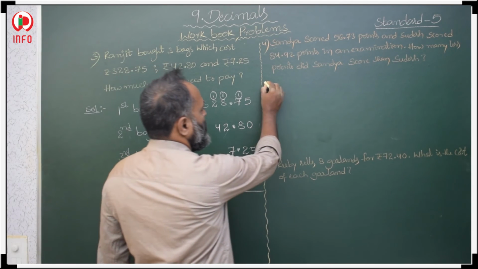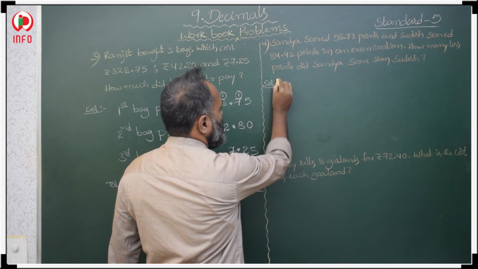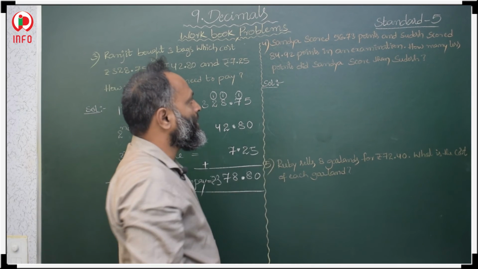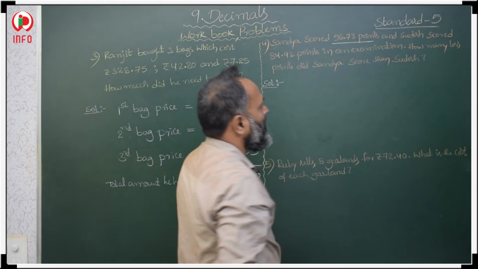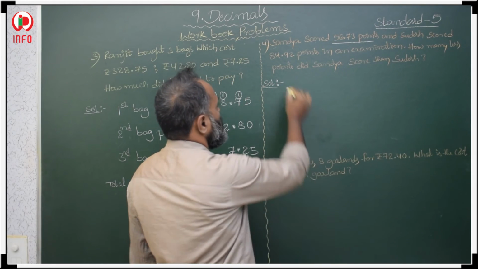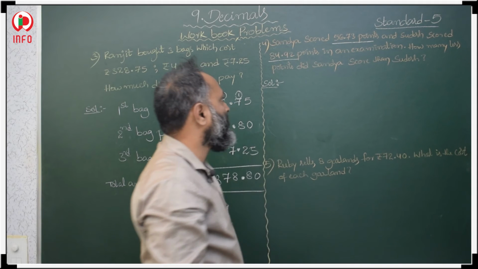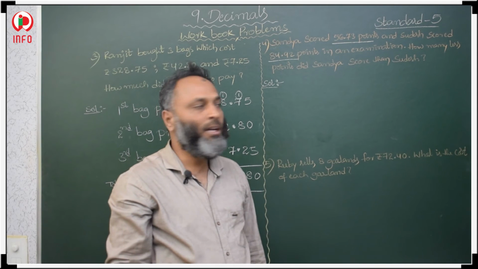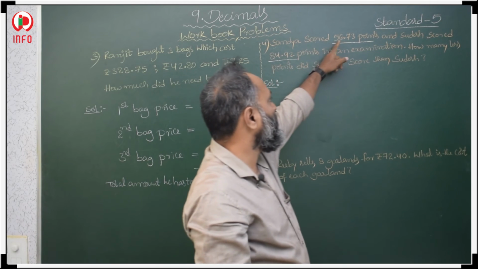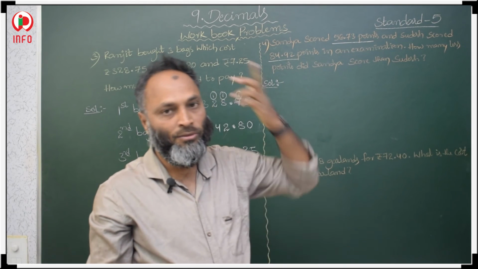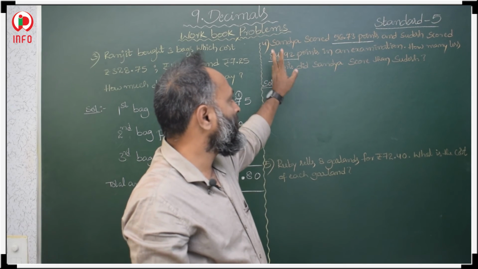The next question, the fourth word problem. Sandhya scored 56.73 points and Sudesh scored 84.92. So Sudesh scored more.